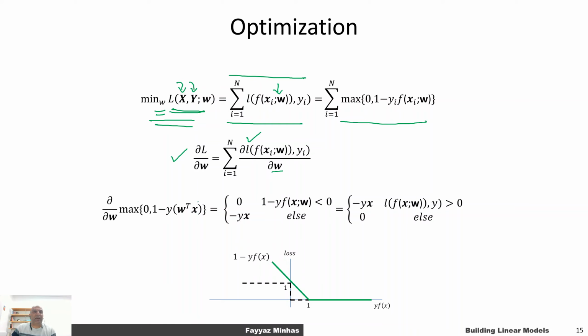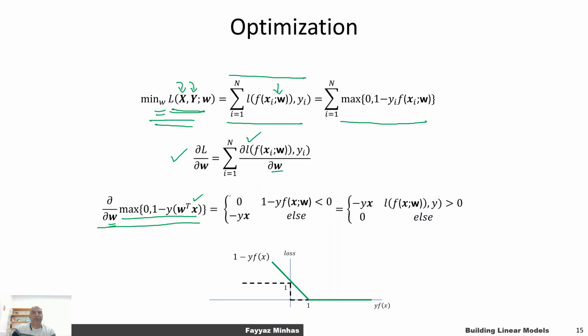Let's say we have an example X, then we can express the gradient in the following way. We will be taking the derivative of this function, which is the loss or error function with respect to a single example, with respect to the weight vector.